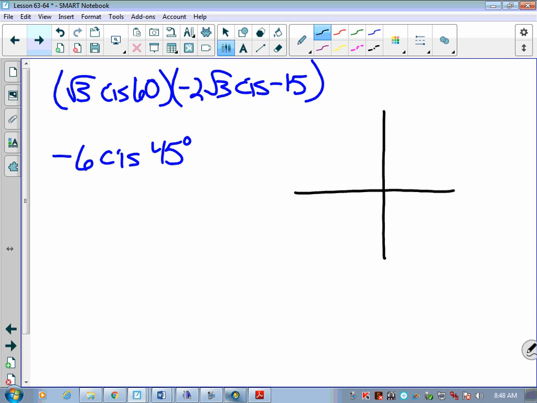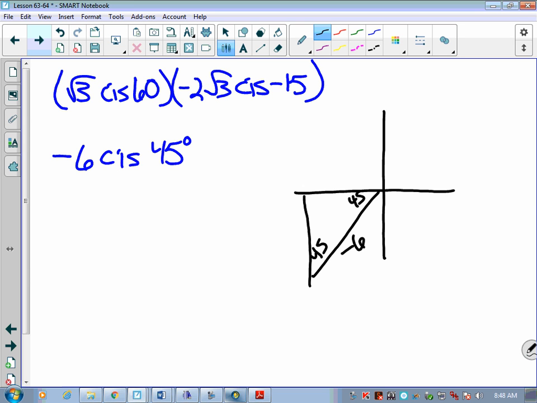All right, so 45 degrees actually puts me in the first quadrant, correct? So whenever I have a negative hypotenuse, I'm in the opposite quadrant. That's how I get a negative hypotenuse. So I'm actually down here, 45 degrees. That's how I get a negative 6 there, okay?